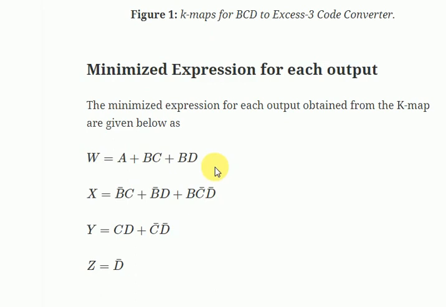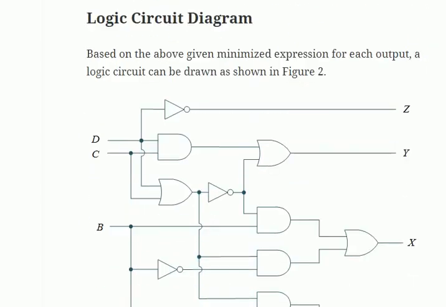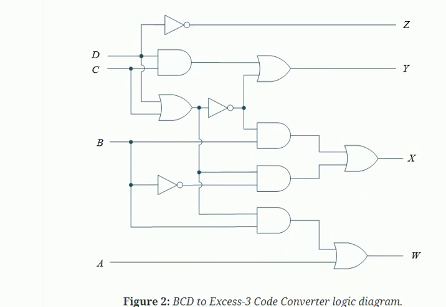Now from these expressions in the form of sum of product, we will implement the output circuit, that is this one. This is the BCD to XS 3 code converter.